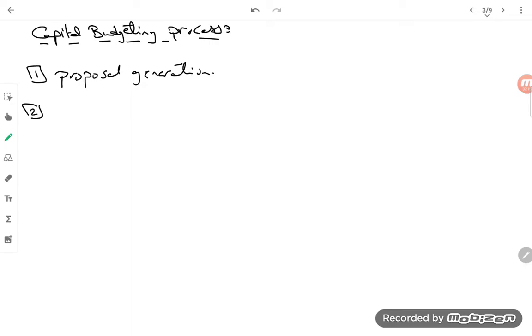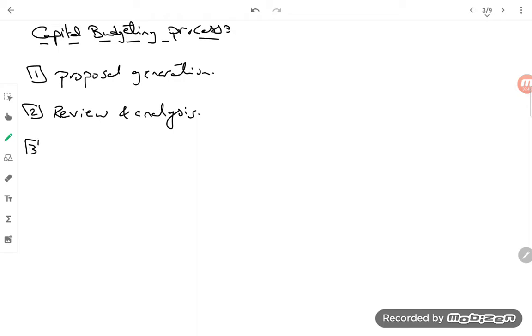The review process will be the second step in the capital budgeting process. Review and analysis of the proposal. This step will be performed by financial managers. They are going to perform the review and the analysis in order to identify the merits of each investment project or each investment proposal.